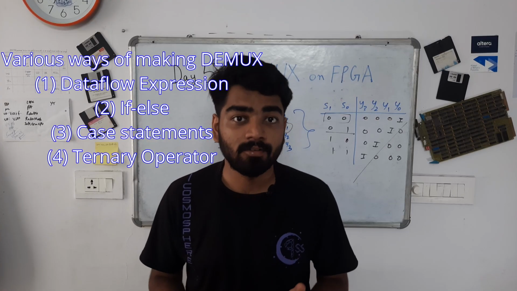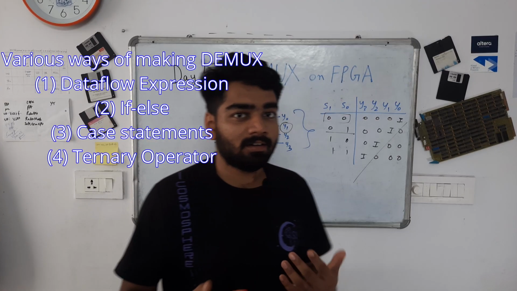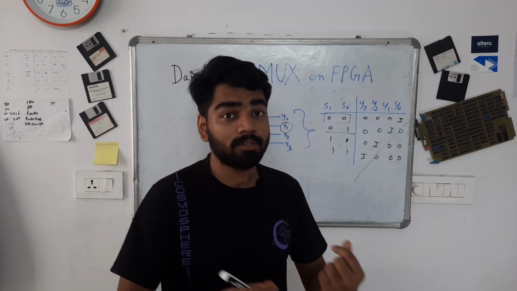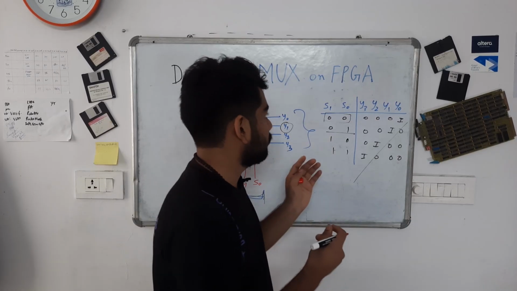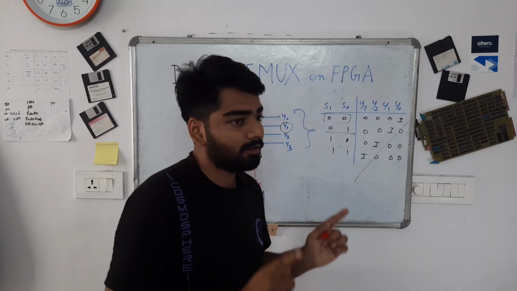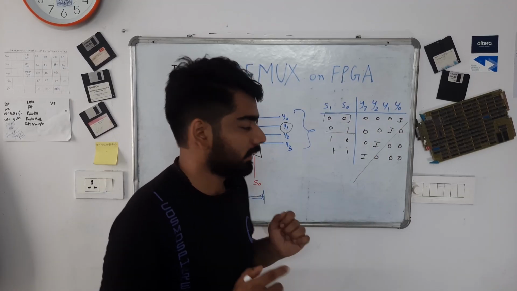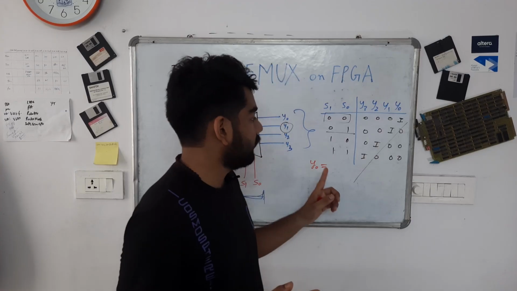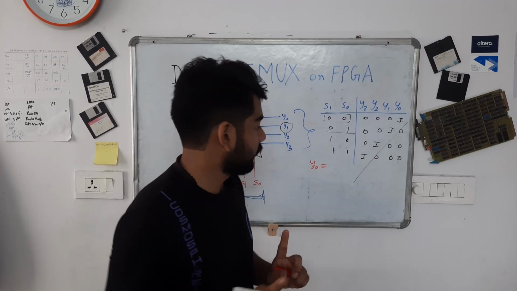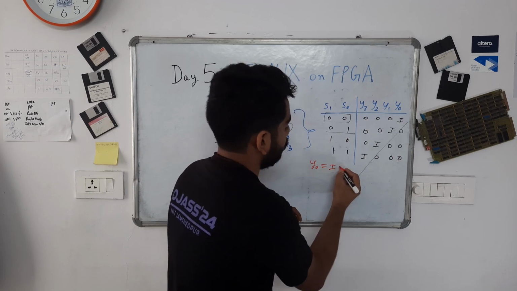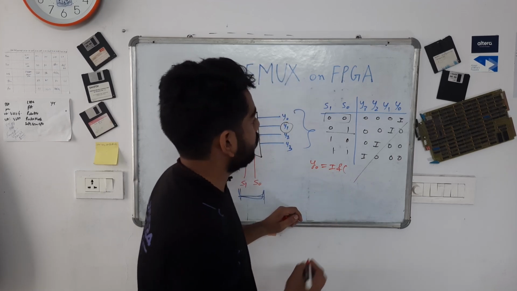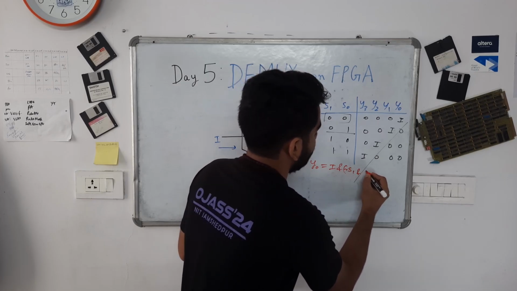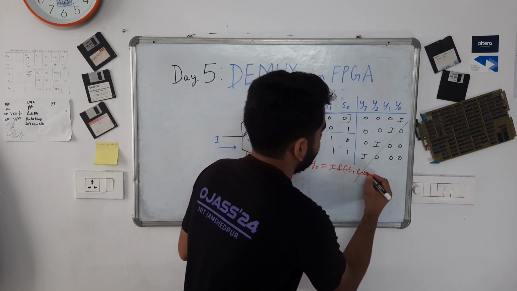The first method of implementing it in Verilog is, whenever we have a truth table, we can derive a Boolean expression from it, right? We have 4 output ports, so we need to write a Boolean expression for all 4 of them. For y0, we need to have the input routed to y0 only when s1 equals 0 and s0 equals 0 as well.